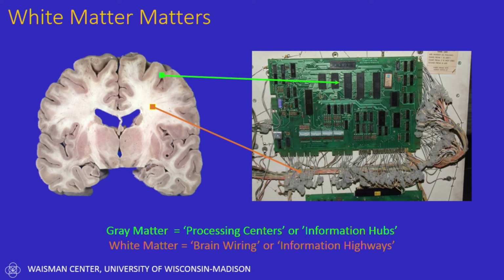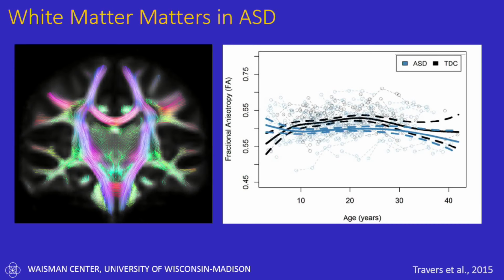And so we really want to know how this wiring in the brain is influenced in autism spectrum disorders. And we know from some previous research conducted here by the center, by some collaborators and colleagues, that white matter does matter in ASD.